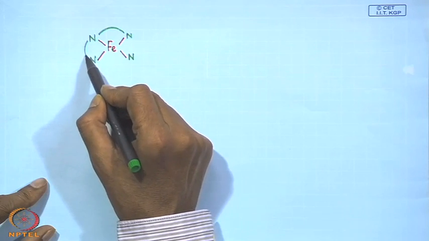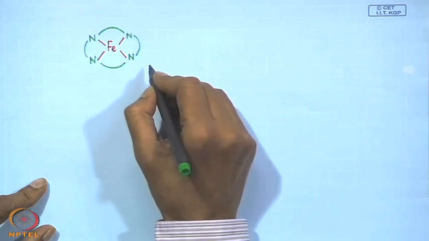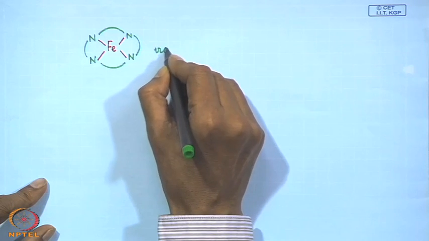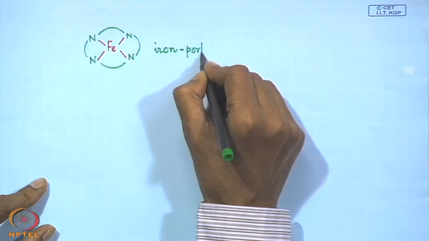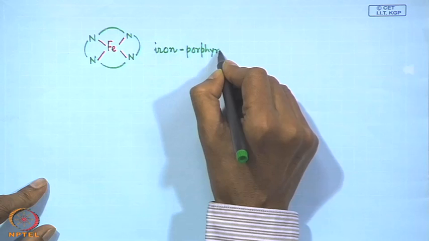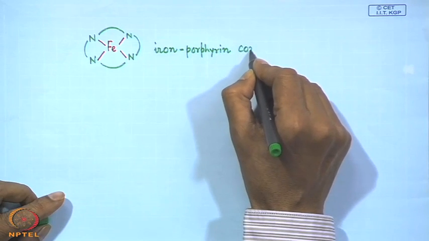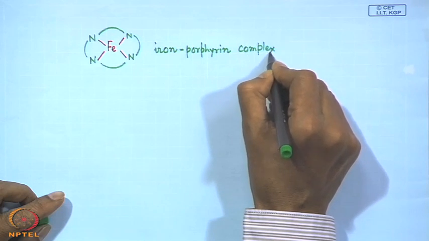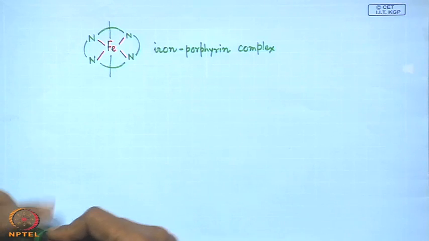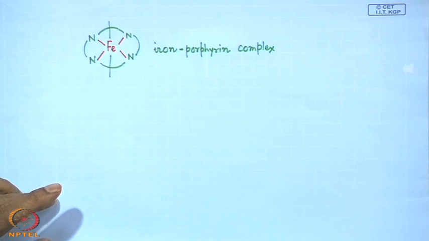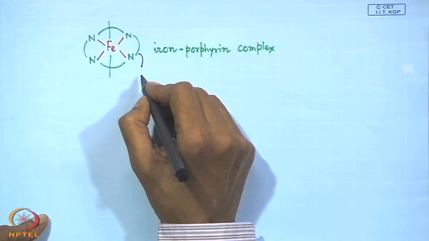So, this is the abbreviated form of the porphyrin. So, we have an iron porphyrin complex, and it has two other points of attachment also, and this particular ligand is synthesized in our body.